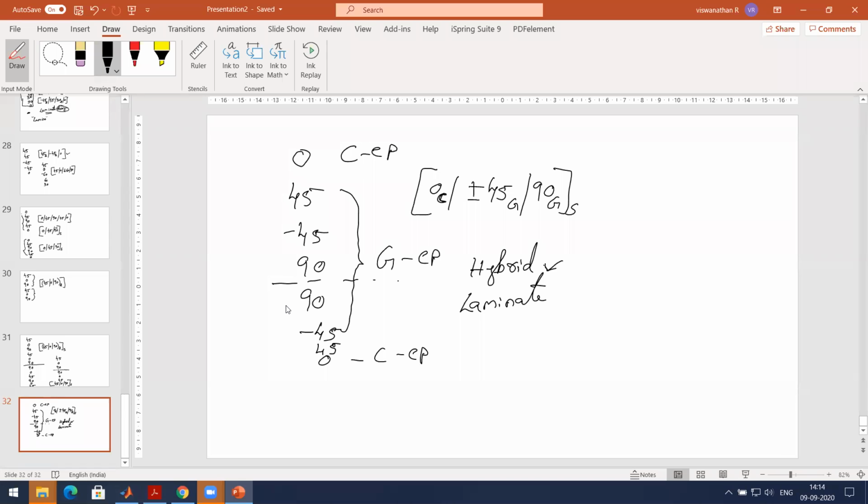Carbon fiber is costlier than glass fibers, so having carbon fiber throughout the laminate may be costly. So you can have some glass fibers in between, or based on the design, you can choose some layers of glass fibers and some layers of carbon fibers.